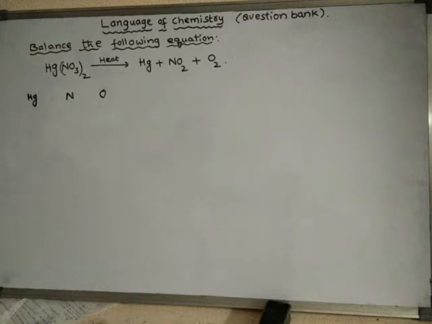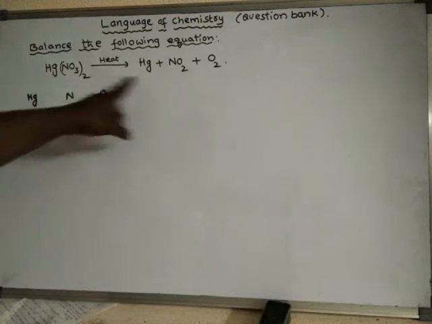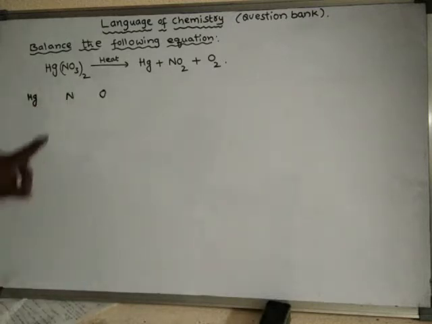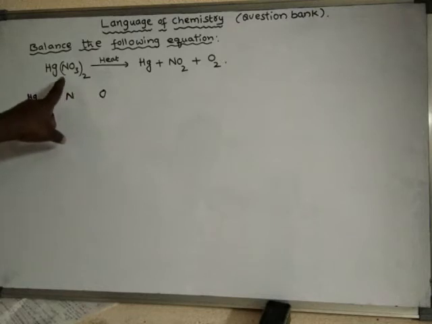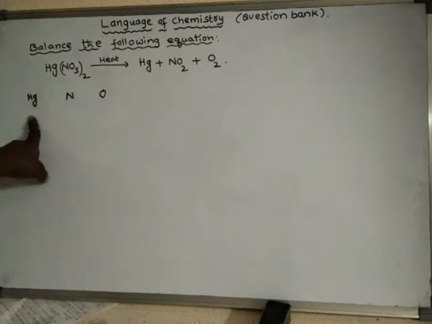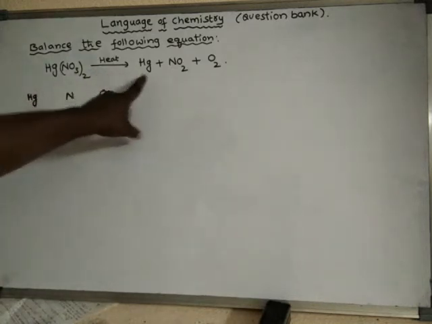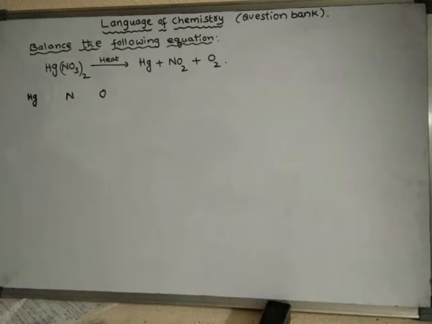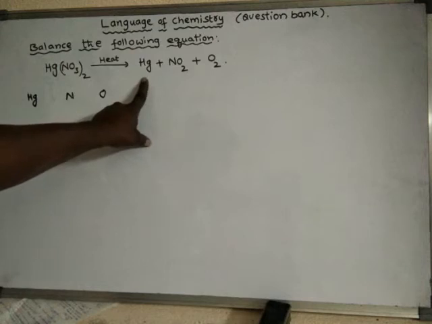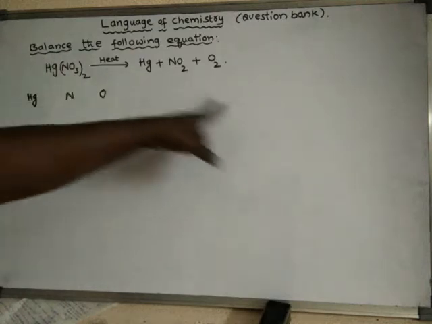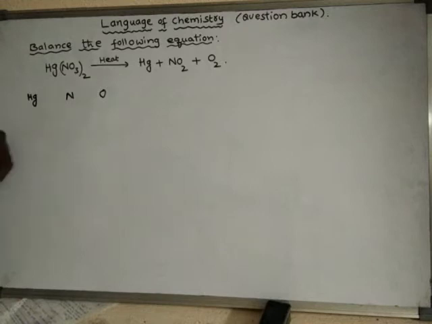After writing the different elements present in this equation, next we have to write at how many places a particular element is available in this equation. See, mercury is available at 2 places. Hence, its frequency number is said to be 2. Frequency number means the number of places that particular element is available in that equation.